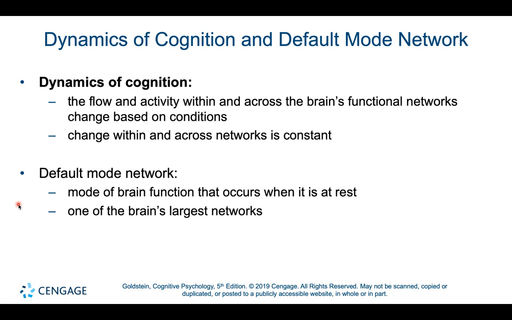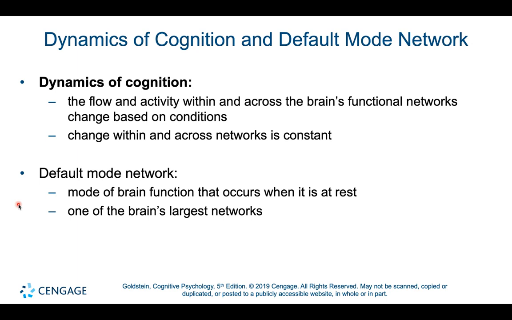So lastly, we need to understand that these processes are dynamic. No single moment in your life is ever exactly the same as any other single moment. And the same is true for your brain and its functions.